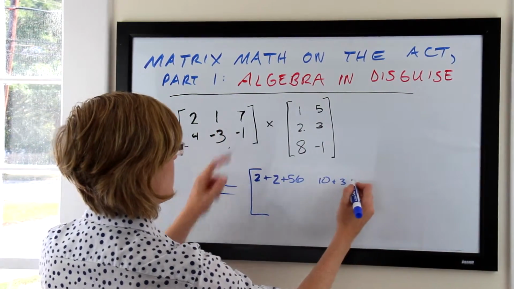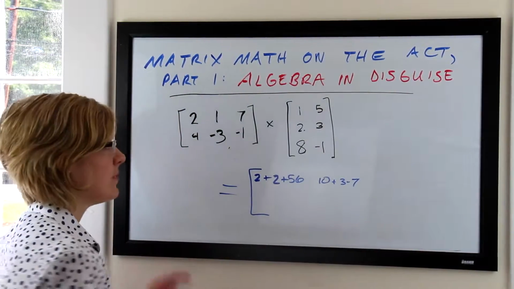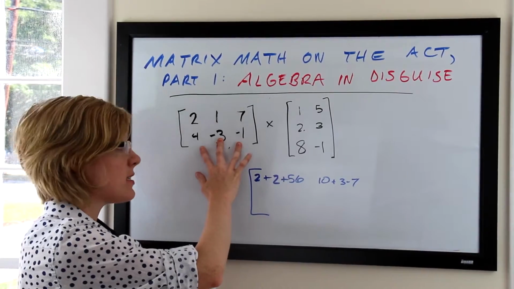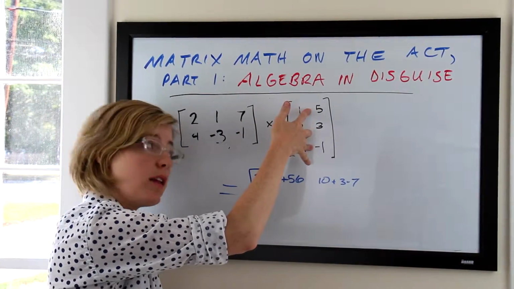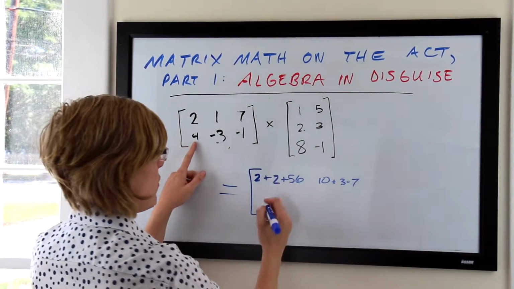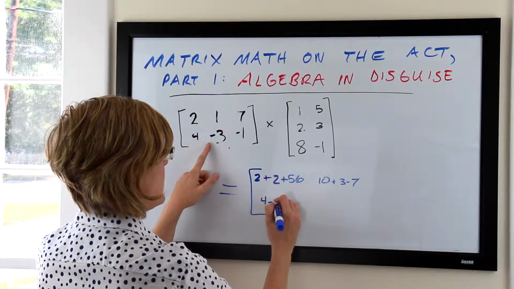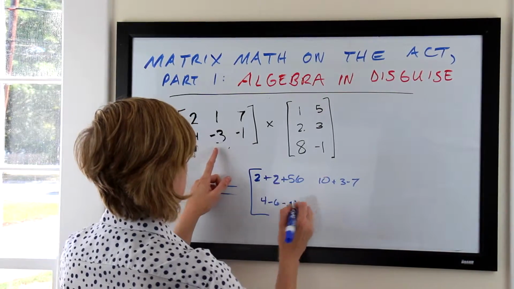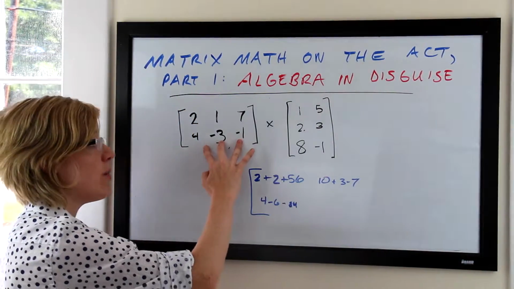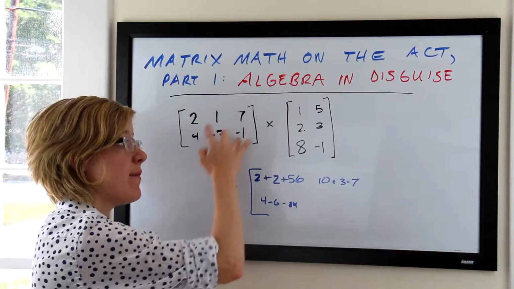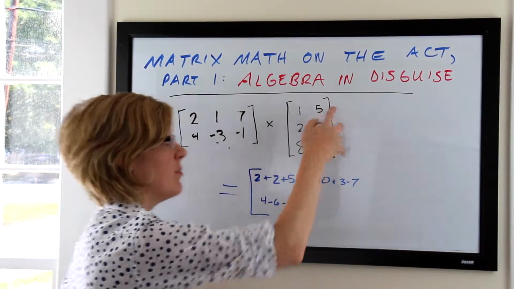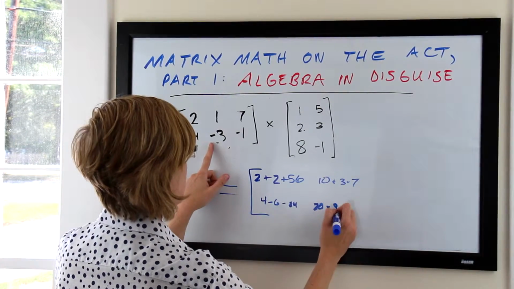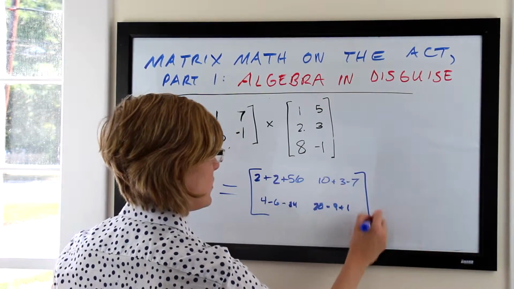3 minus 7. And then we take the second row and we do the same sort of process. We multiply by the first column. 4 minus 6 minus 24. And then we take that second row again and we multiply by the second column. 20, 9, 1.